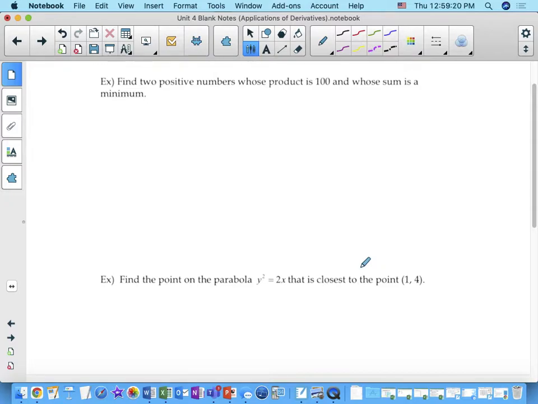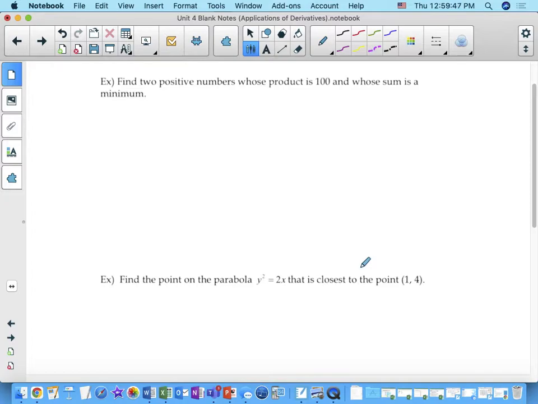Make a formula, right? And sometimes, you guys may be at the stage where you don't need to do this anymore, but it may even be helpful to do a let statement or assign your variables, right? And in fact, we did that in the previous problem through a diagram. As soon as we drew that diagram and wrote the width on the shorter side and the length on the longer side, we assigned variables, okay?